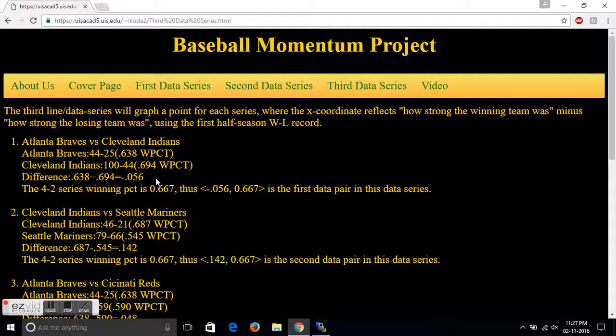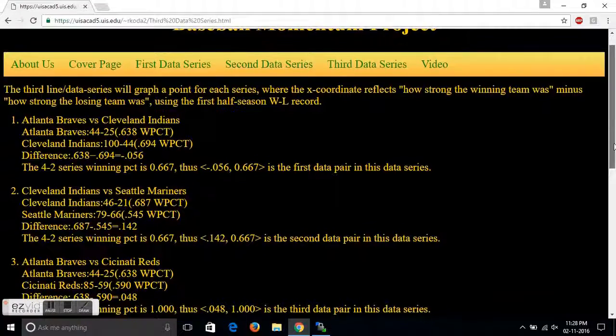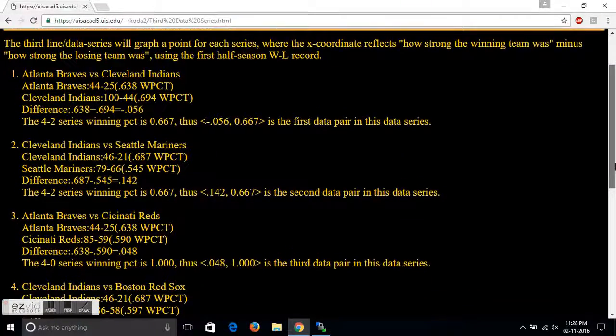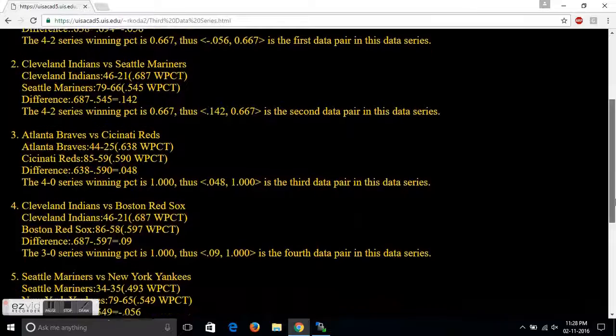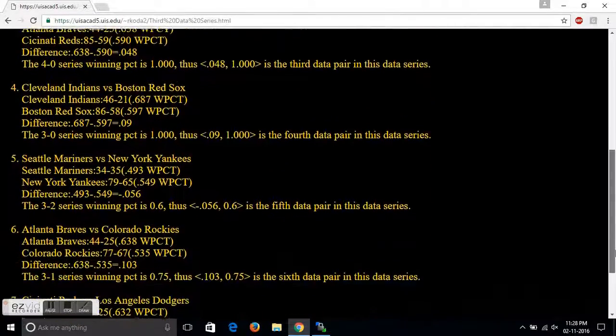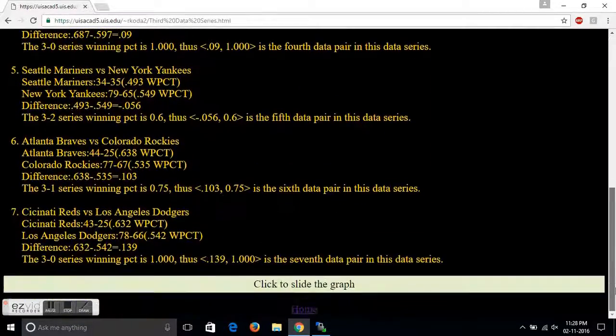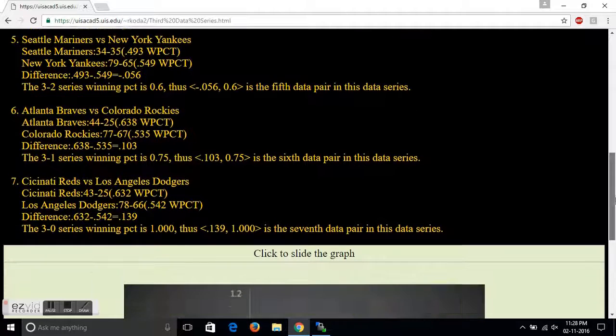The difference would be our x coordinate, and the y coordinate would be the overall series winning PCT, that is 0.667. And this is our first data pair in our third data series. Similarly, we calculate all the remaining playoff series. And this is the graph plotting these coordinates.